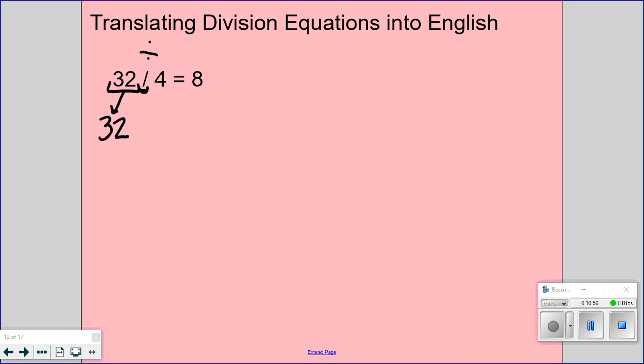Yep, 32 put into blank groups. That's my division symbol. We're sharing into equal groups. So far, so good?